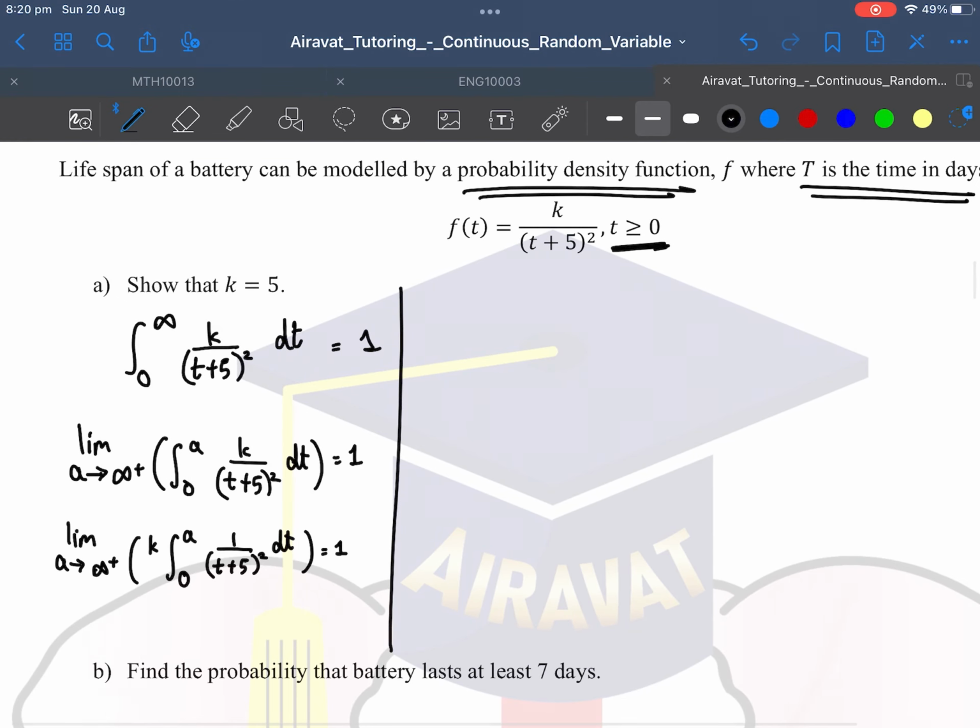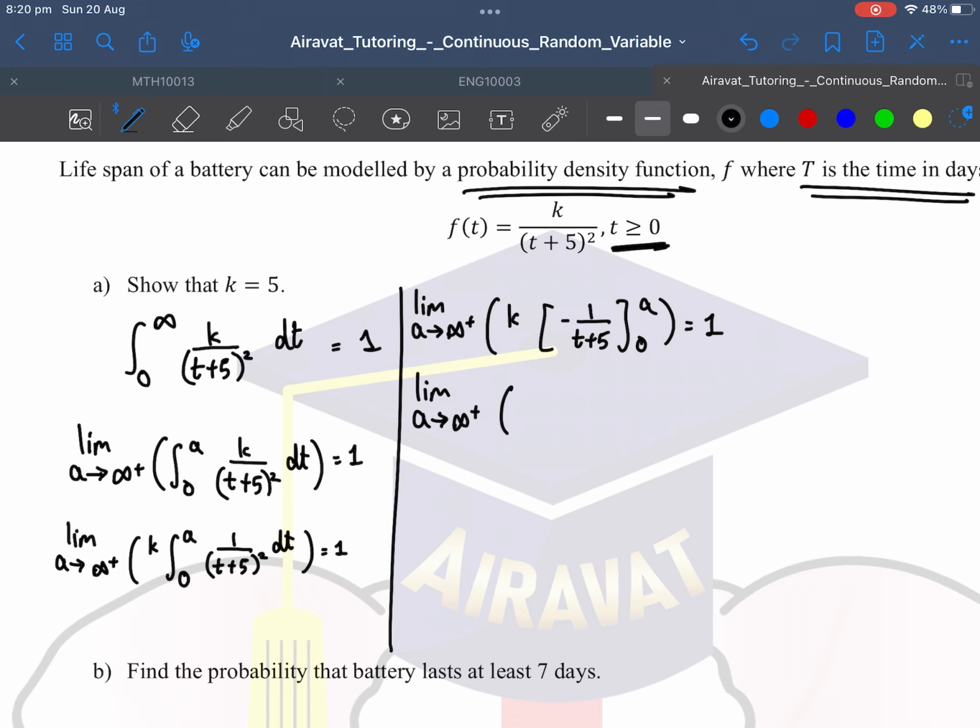Okay, so now I'm going to integrate this. So it's going to be the limit as a approaches positive infinity, k, and this is just going to become -1 over (t plus 5). Now how to integrate 1 over a polynomial? It's in your formula sheet, so just be on the lookout for that. From 0 to a is equal to 1. So the limit as a approaches positive infinity is going to be k times (-1 over (a plus 5) minus -1 over 5).